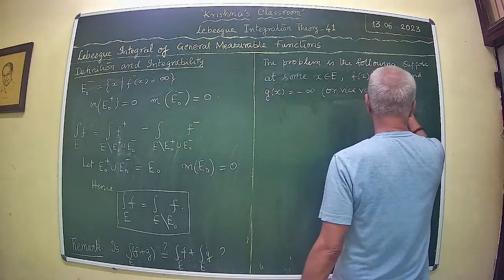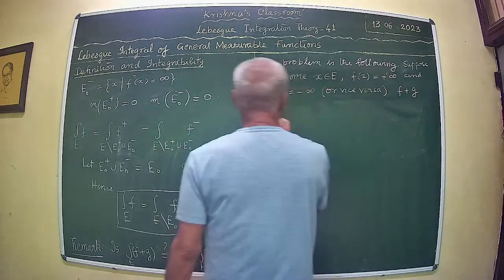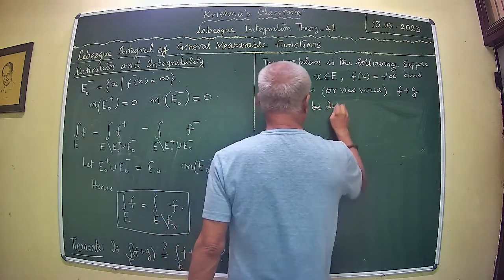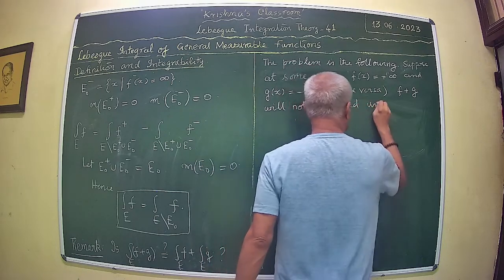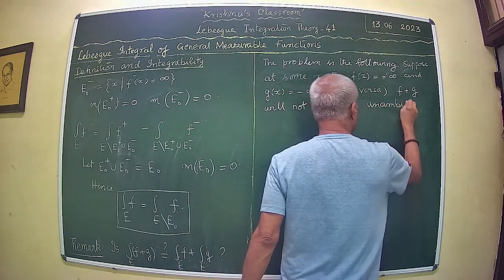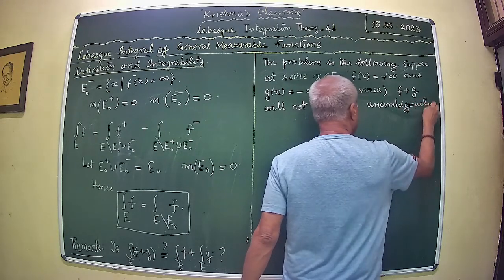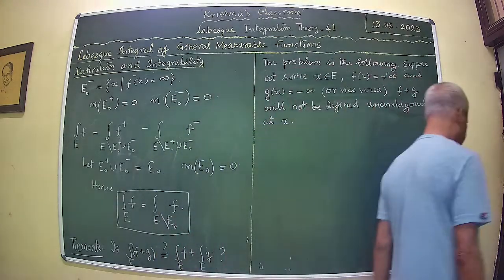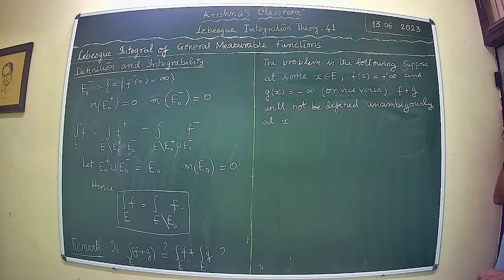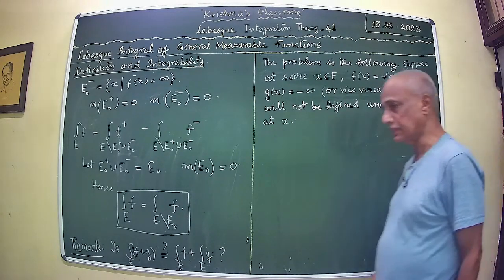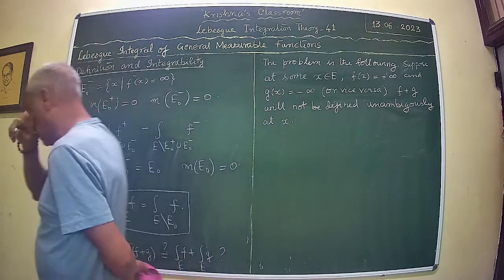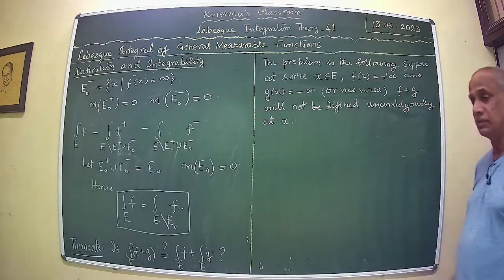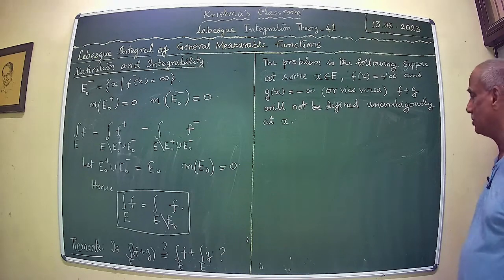So f plus g will not be defined unambiguously at x. This is a problem because f plus g of x is equal to f of x plus g of x, and if they take plus infinity and minus infinity or vice versa, it is not going to be defined. So there is a problem.